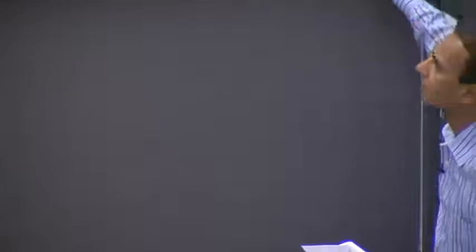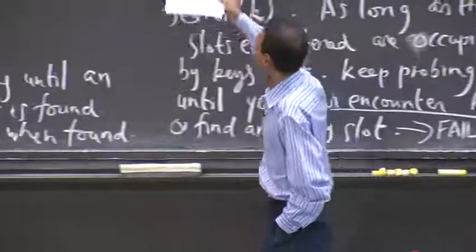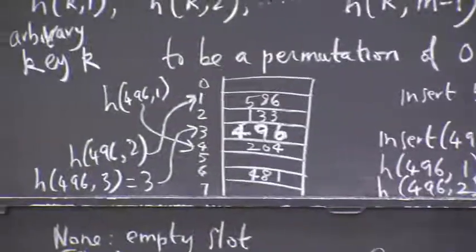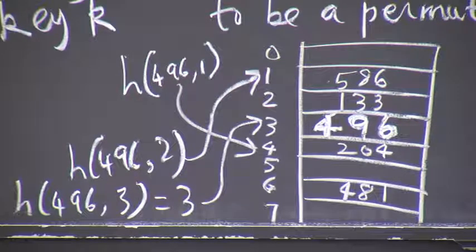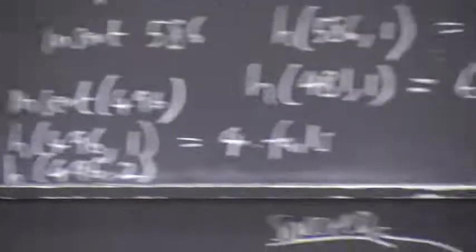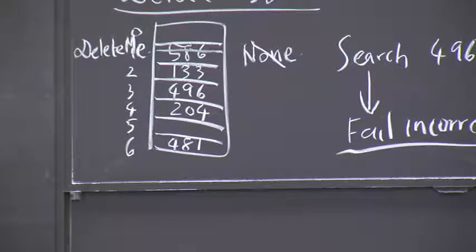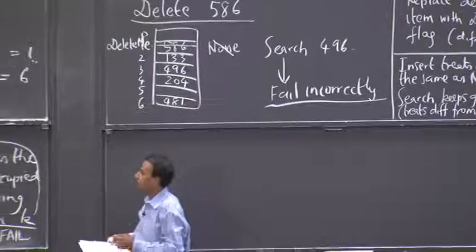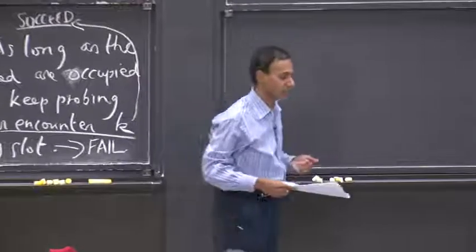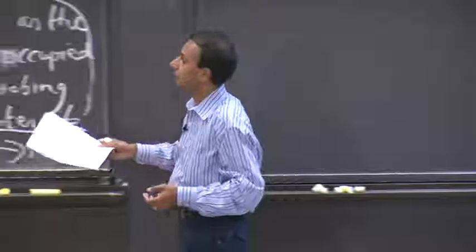So what would happen in our example? Well, going through exactly the same example, we started from here and then we decided to delete 586, and so we replaced 586 not with none, but with delete me. And the next time around, when you search for 496, you would go look at the slot that contained 586, and you'd see that there's a delete me flag in there, and so you would go to the next trial.